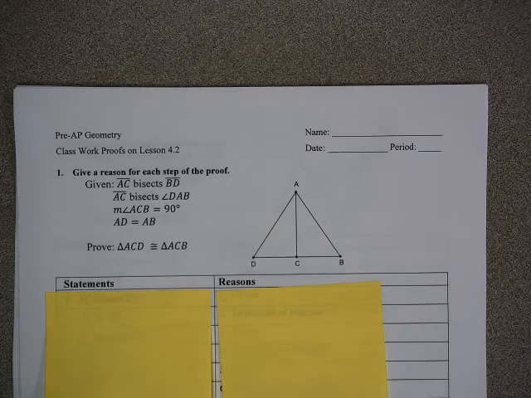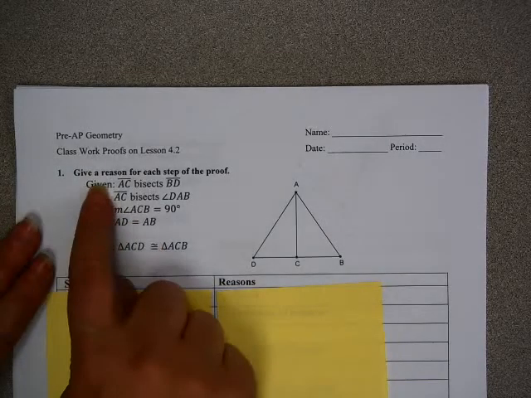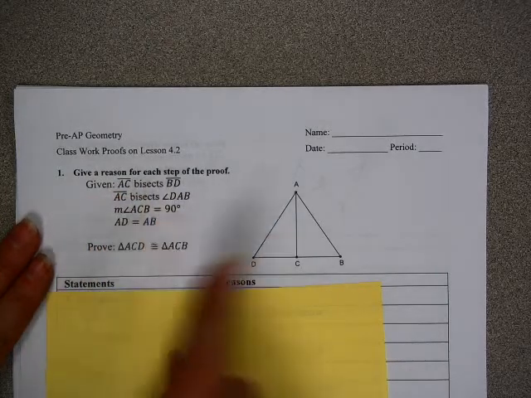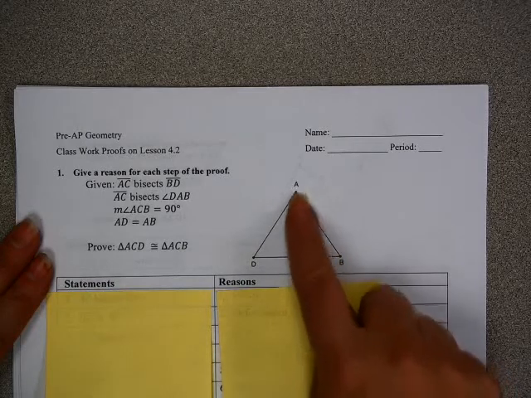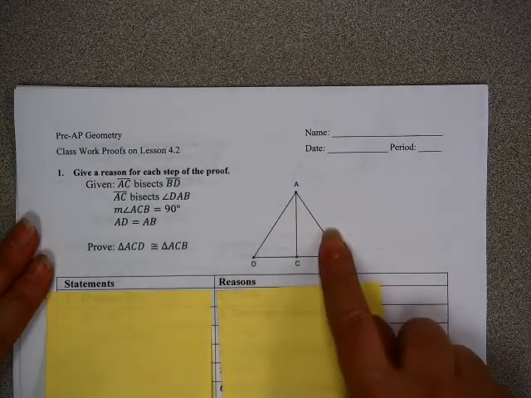All right, students, today we are going to take notes over how to do proofs for lesson 4.2. I have two examples to go over, and when you start this, what you want to do is write down the given statements, write down the prove statement, and draw the diagram.